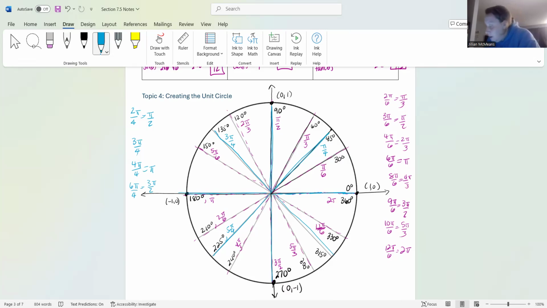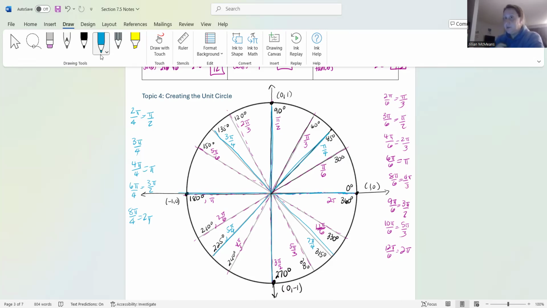Then we get 7 pi over 4. And then finally, 8 pi over 4 is just 2 pi, and it's already listed. So understanding sixths and fourths, we were able to fill this in beautifully, okay? Now, the thirds, those just were sixths that reduced, okay? So those are like even multiples of sixths, okay? So we have filled in all of the degrees and all of the radians.